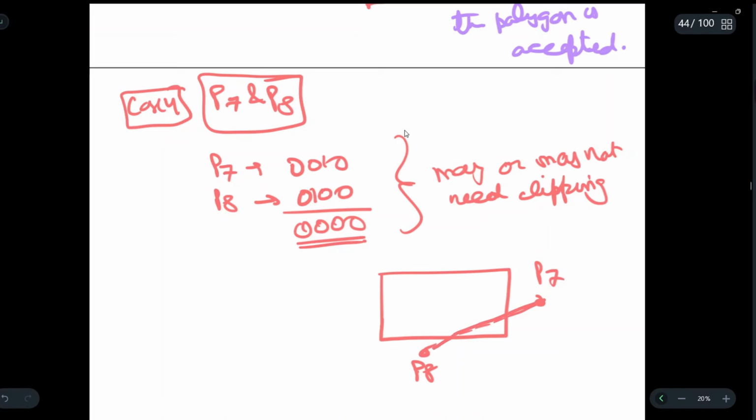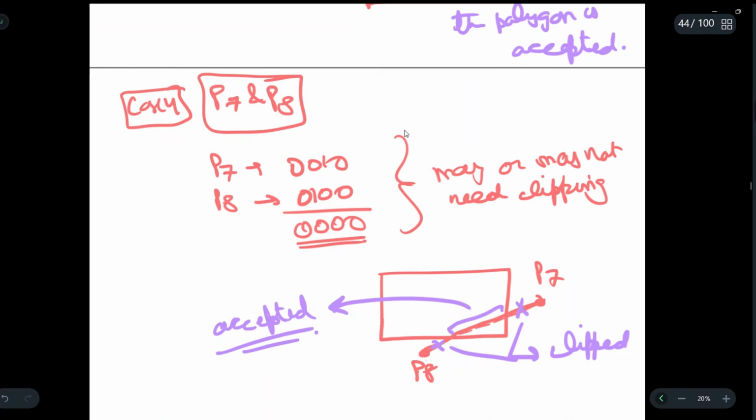So the line segment that we have to consider is only this portion, and these 2 portions have to be clipped, and this portion will be accepted. So this is what we have to do over here.